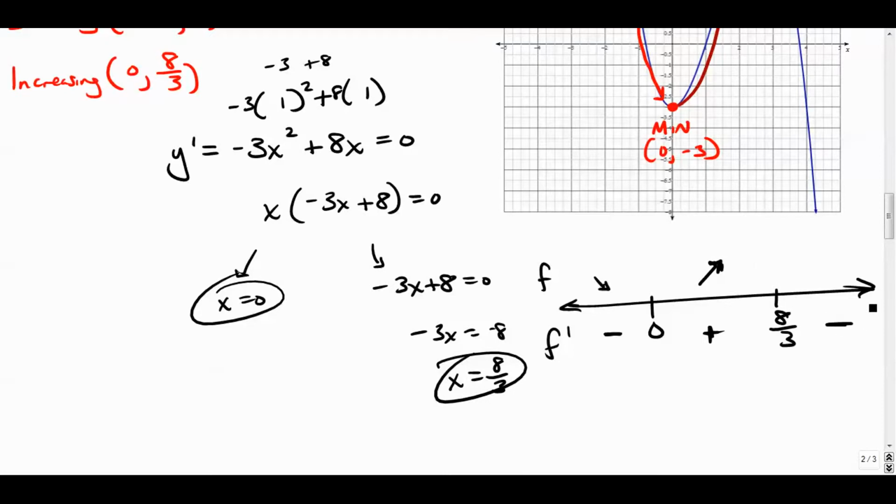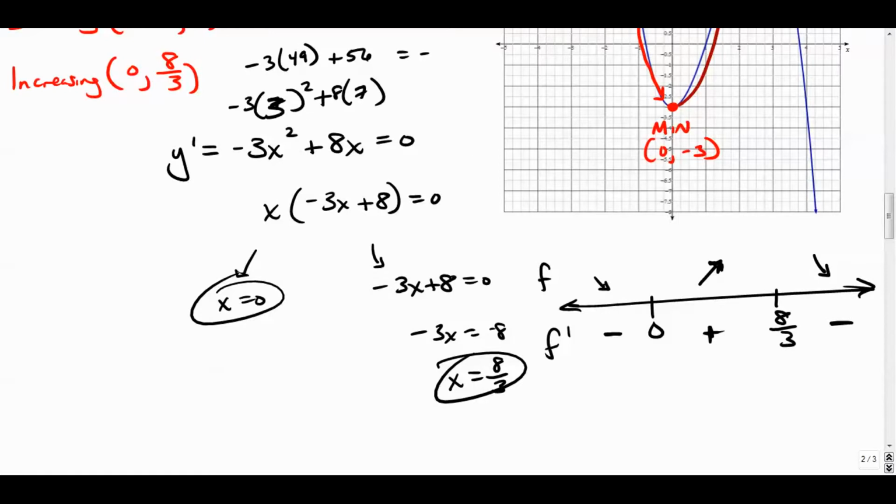And over here you can plug in anything greater than 2 2/3, and you get that the derivative is negative. All right, we'll test that quickly. Let's pick the number 7. So -3 times 49 plus 56. That's -120 something. It's definitely a negative number. I don't care what it is, I just care what sign it is. I picked 7 just randomly.